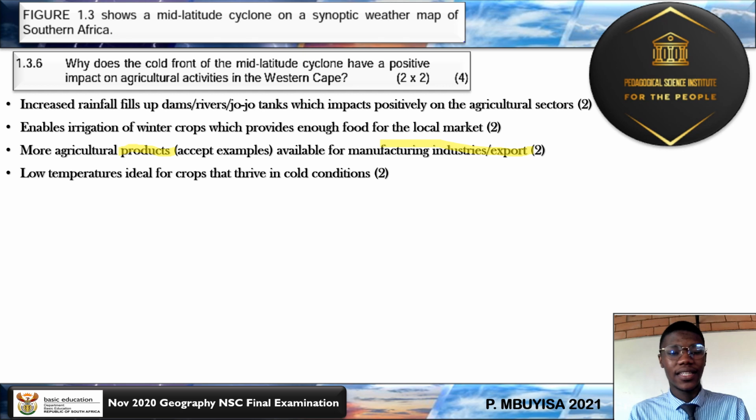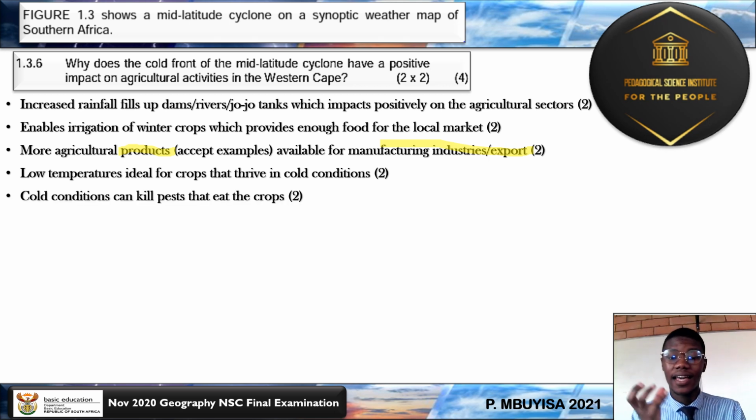And it means that low temperatures will be very ideal for some of the crops to grow, as some thrive in cold winter.